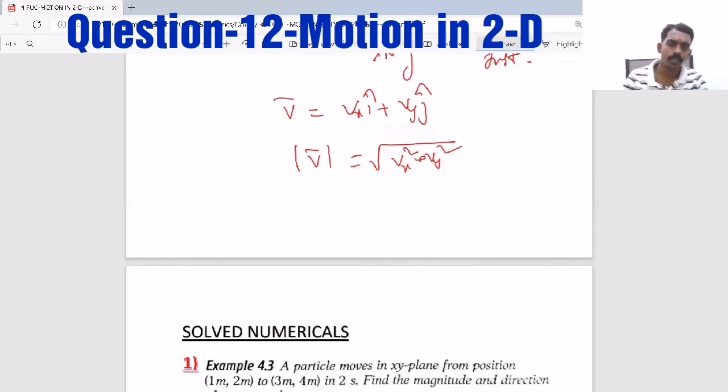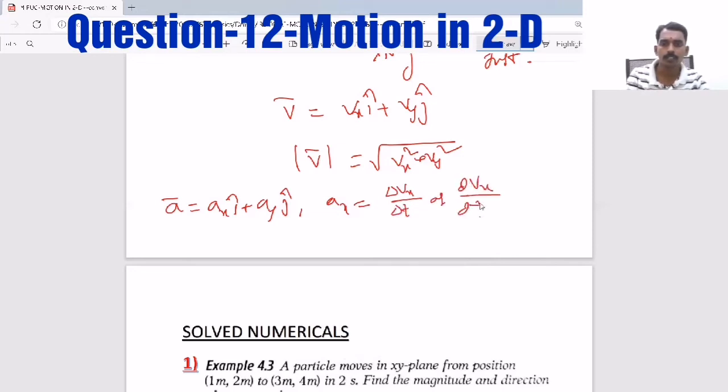Similarly, when you consider acceleration also, there are two components: a bar equals ax i cap plus ay j cap, where ax is delta vx by delta t or dvx by dt. Similarly, ay equals delta vy by delta t or dvy by dt.